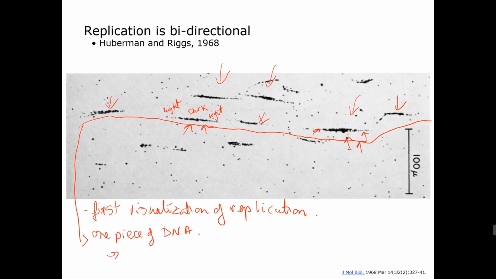So we have 5 different regions where replication is starting.